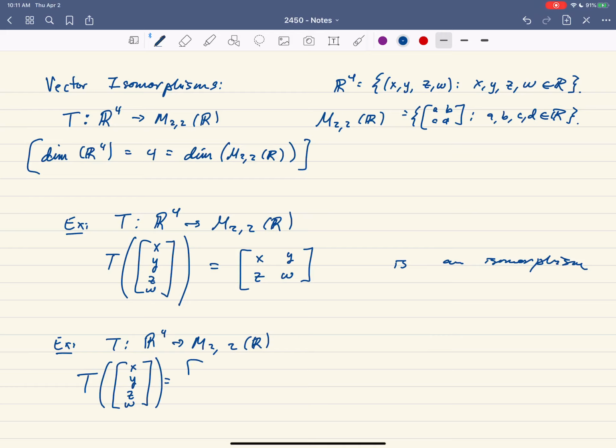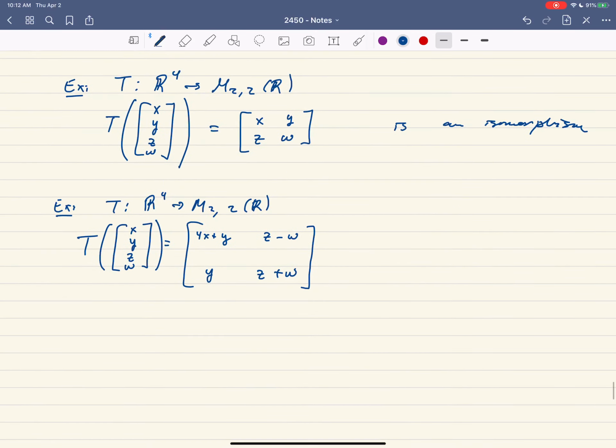So it could be given by, say, 4x plus y, z minus w, z plus w, and let's just say y. Okay, this one's a little bit harder to see, a little bit more interesting, but it turns out that this will be an isomorphism.